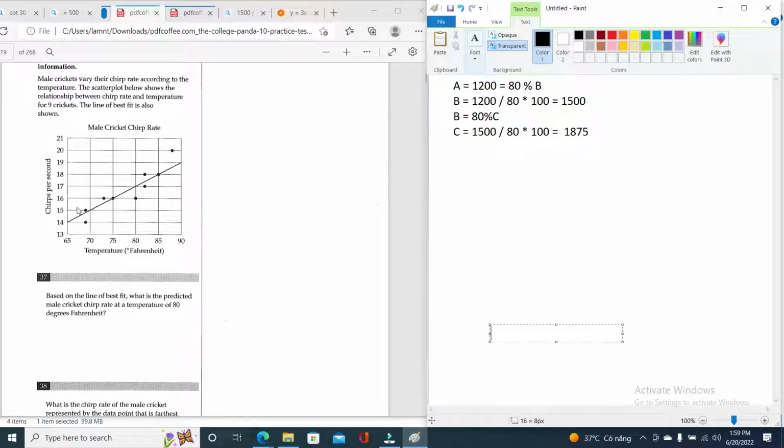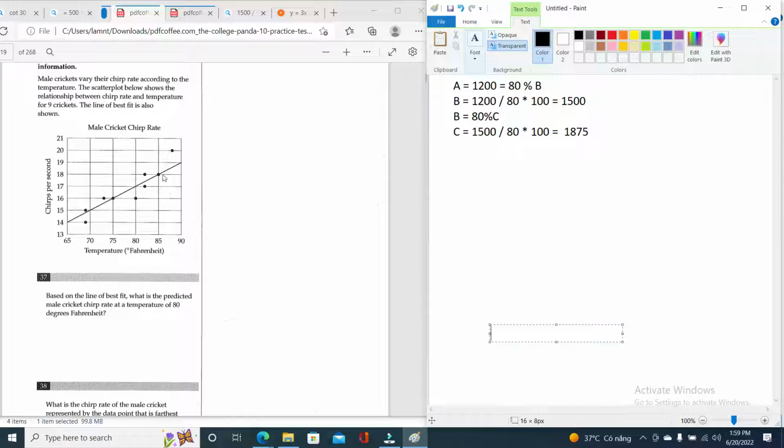So they're plotting the temperature versus the chirp rate per second in male crickets. For example, with the temperature of 75 degrees Fahrenheit, we have a chirp rate of 16 per second.